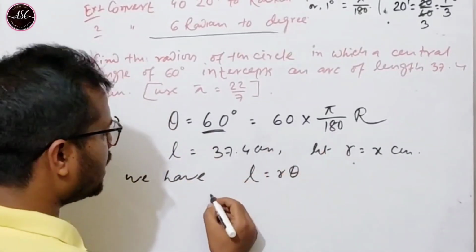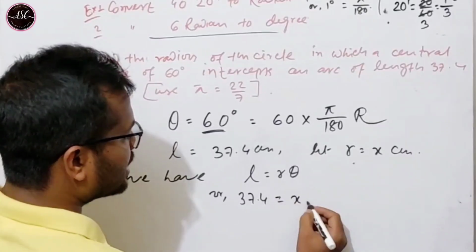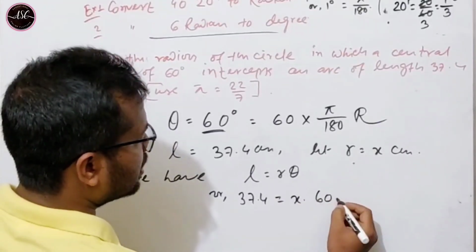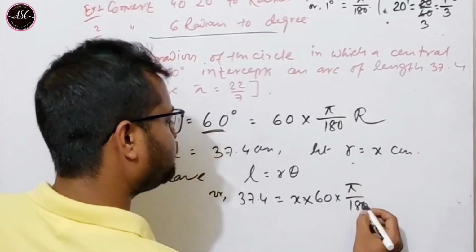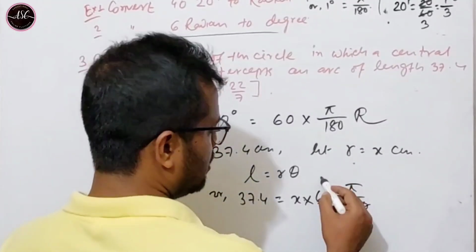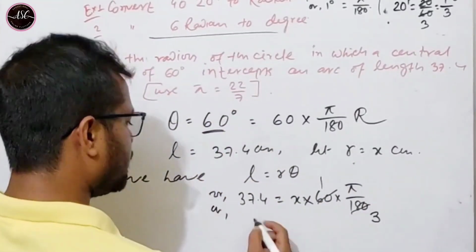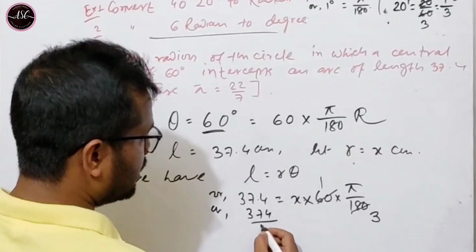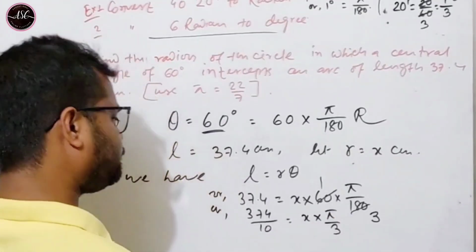Now putting this value, we get 37.4 equal to x into 60 into pi by 180. Now cancelling, we get 1 and 3. Or this can be written as 374 by 10 equal to x into pi by 3.